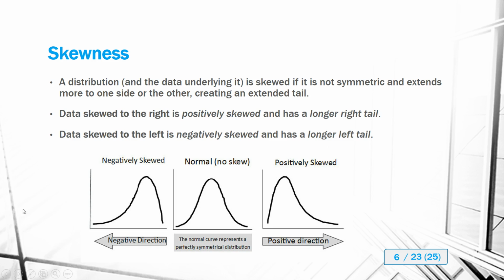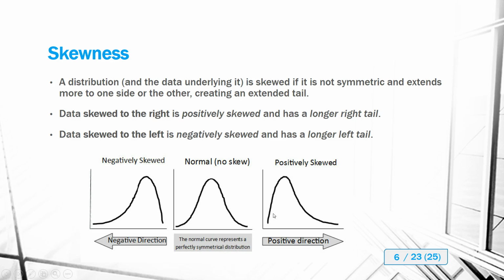They're looking at the longer tail that's being created when you shift the data. So, because the longer tail in this distribution here on the left is over on the left side of the graph, they're saying that the data is skewed negatively. It's skewed to the left because it has a longer left tail.